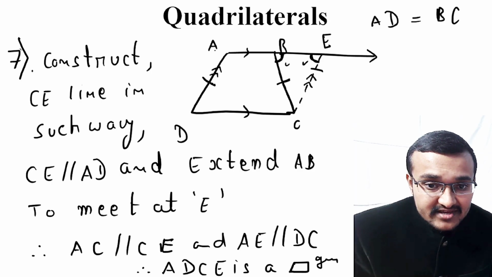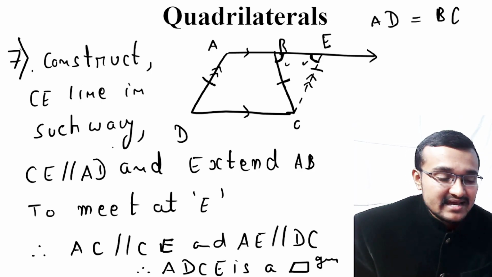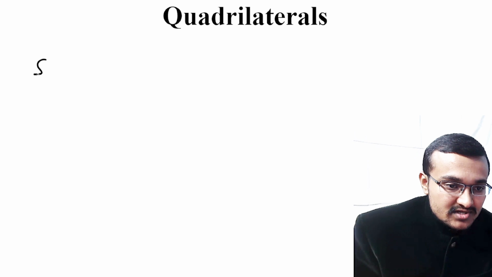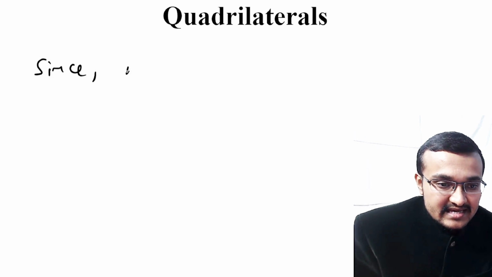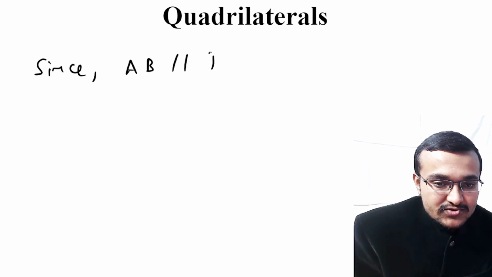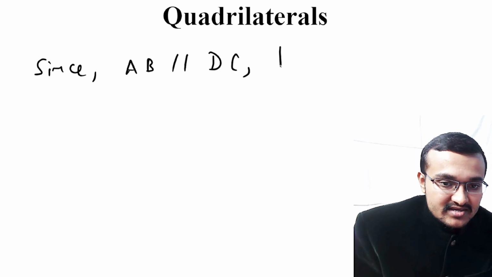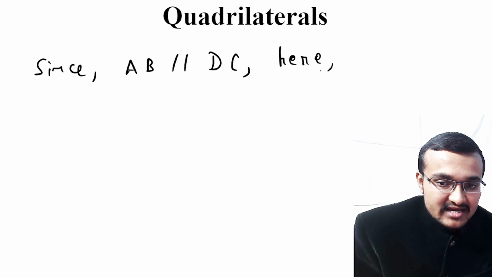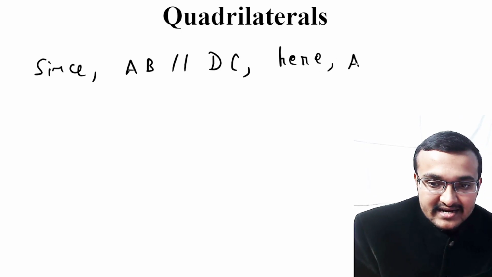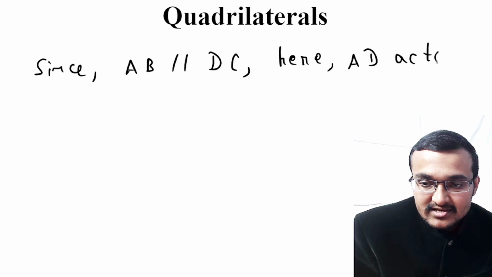And here they have already given AB is parallel to DC. Since AB is parallel to DC, AD acts as a transversal line.